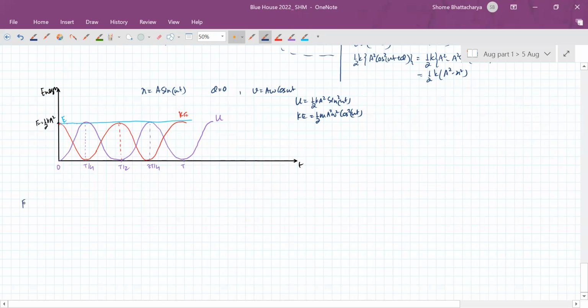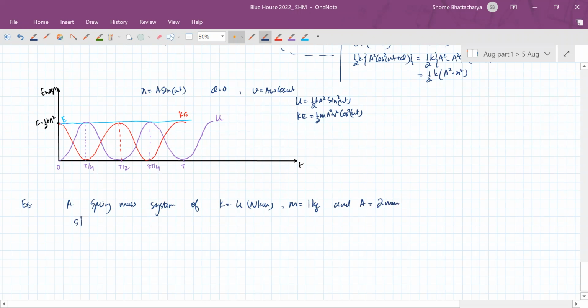Okay, so for example, we have a spring mass system of spring constant, just for simplicity, let's take the same value. Amplitude, let's take 2 millimeter.